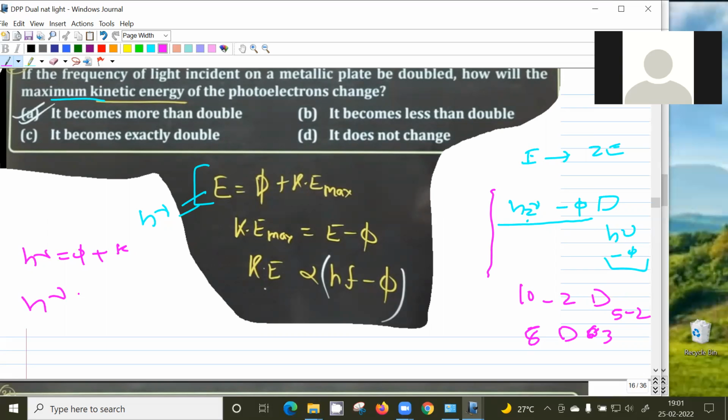I change the frequency to nu1, phi plus k1. Okay, for a given frequency, the relation between h and this kinetic energy max is not independent of it.